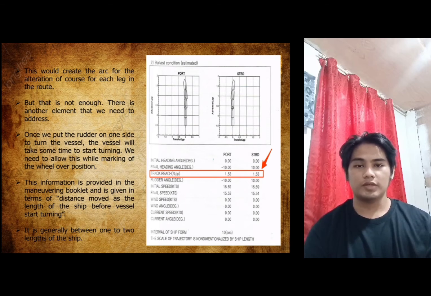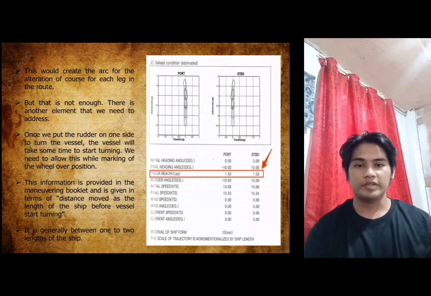Once we put the rudder on one side to turn, the vessel will take some time to start turning. We need to allow for this while marking the wheel over position. This information is provided in the maneuver booklet and is given in terms of distance moved, as the length of the ship, before the vessel starts turning.